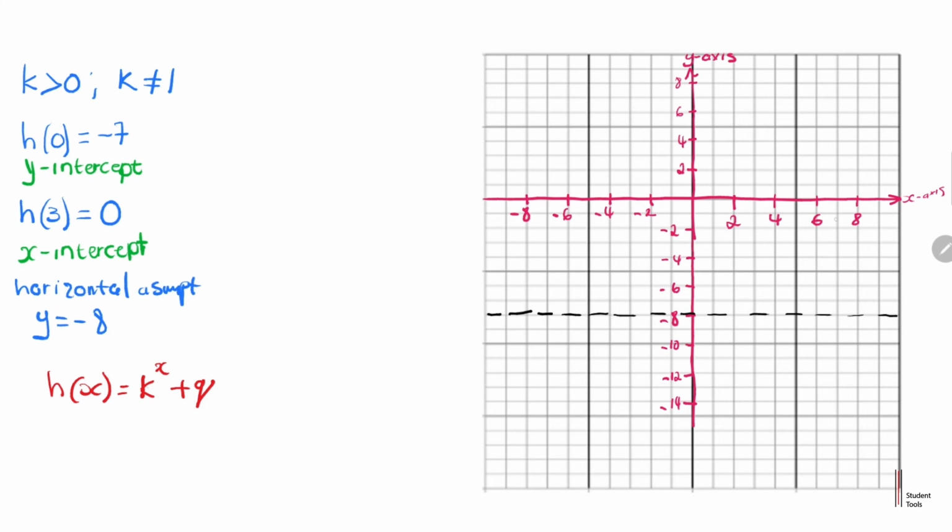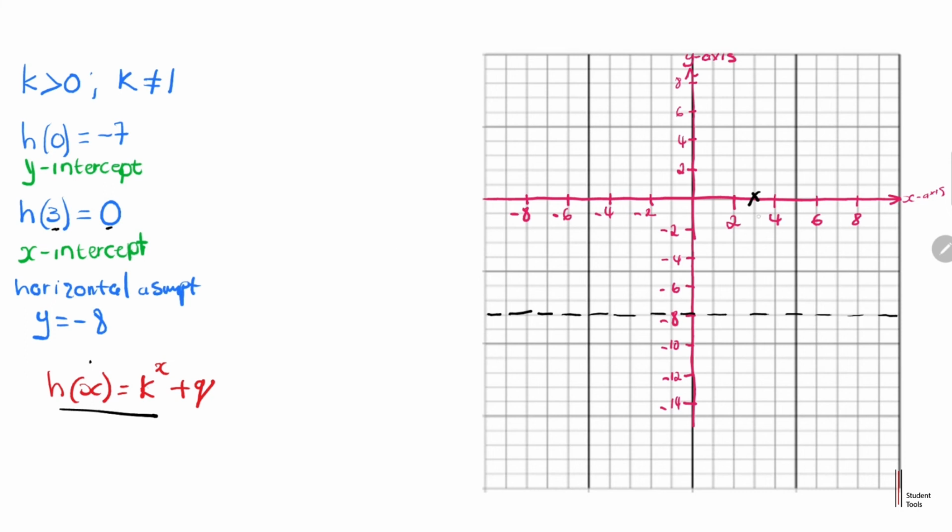What else do we have? We have the x-intercept at (3, 0), so our x-intercept is over here. Why do we say our x-intercept is at 3? It's because here we have the x value and here the y value, so our x was substituted with the 3.